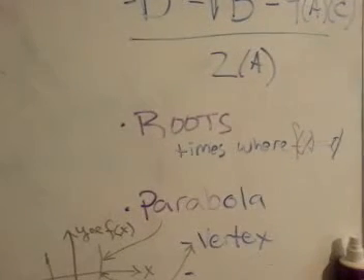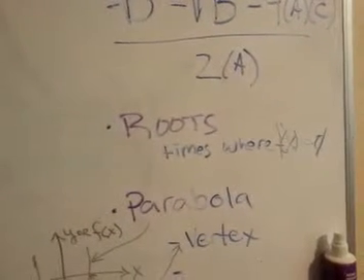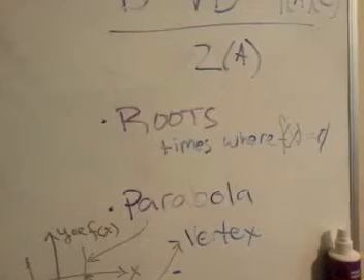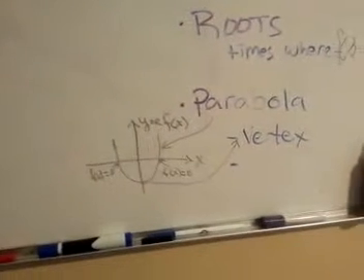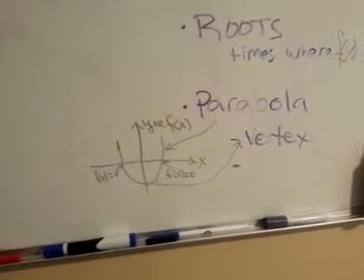I also want to talk about what a root is. Roots are when f of x equals 0, and we'll get through that. And the type of drawing that you'll get used to real quick is called a parabola.